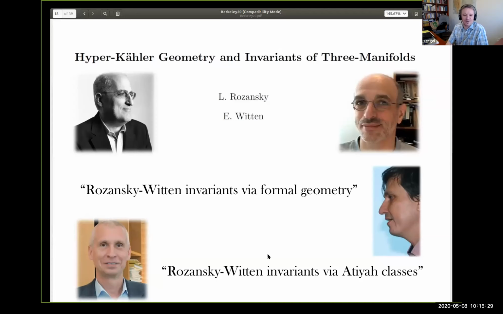That's basically what the title of their paper says, and the paper is from 23 years ago. Shortly after, there was work of Maxim Kontsevich and Misha Kapranov, who developed two parallel approaches to a mathematical definition of this invariant, of this TQFT-like construction.